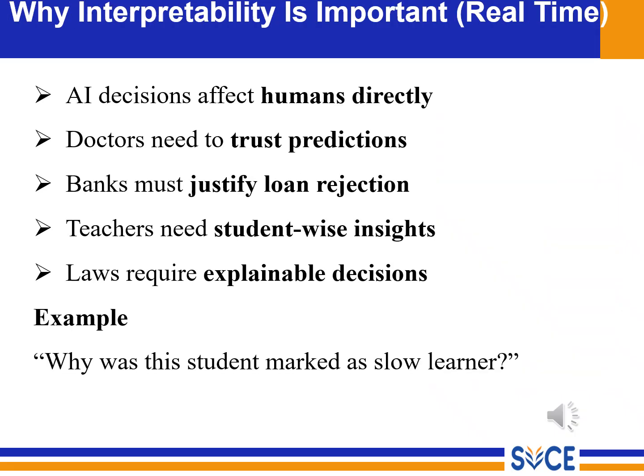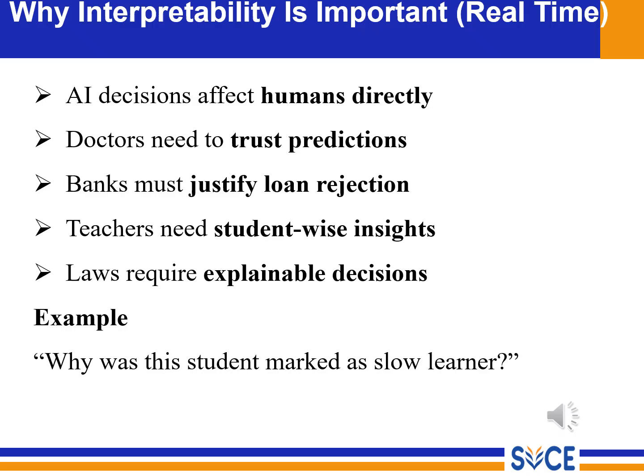So why does explainability matter? Let me ask you a simple question. Imagine you applied for a bank loan and the AI system said rejected. Would you accept that without a reason? Of course not. That's exactly why explainable AI exists.